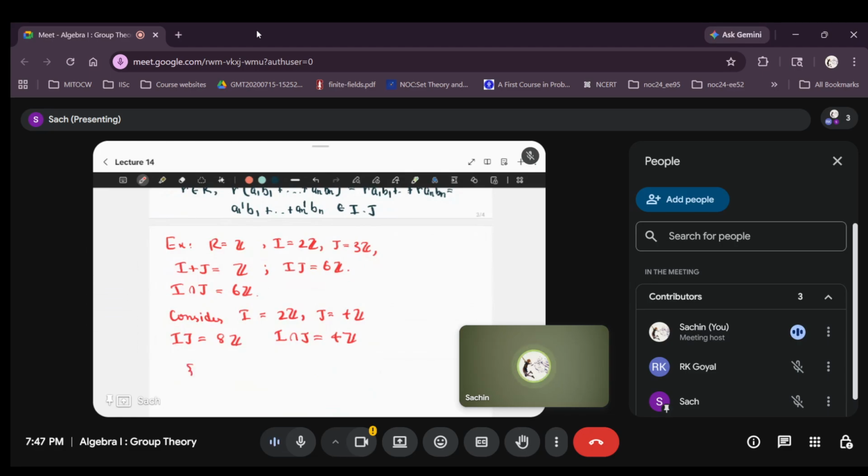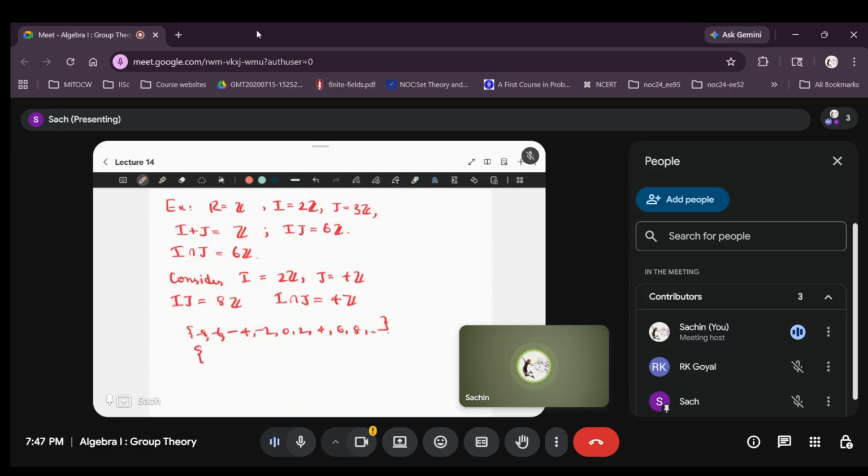If you take all multiples of 2: minus 4, minus 2, 0, 2, 4, 6, 8, etc., minus 6, minus 8. And you take all multiples of 4: 0, 4, 8, minus 4, minus 8. You take the intersection, you are left with all multiples of 4. Intersection is simply the common elements in both the sets. So you are left with 4Z.